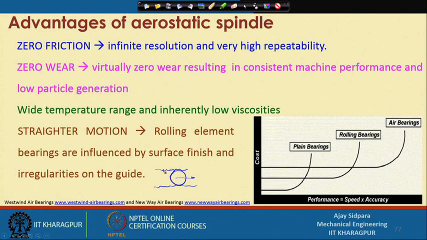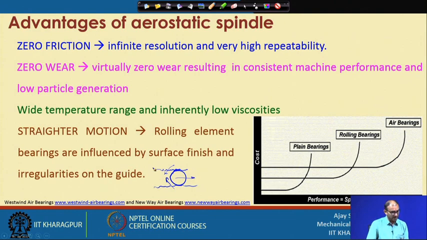But if it is very rough, this particular contact will wear this surface and this contact will start eroding because of this abrasion wear, and then it will create a problem. But small irregularities on the surface will not make much difference here, because air is the thing which is actually suspending the two surfaces, not physical contact.